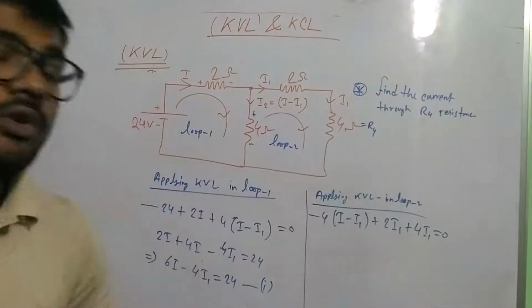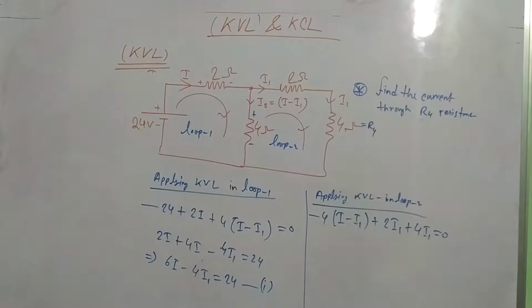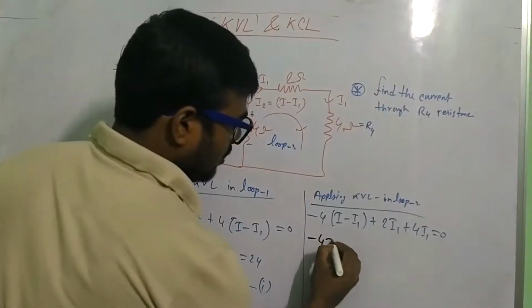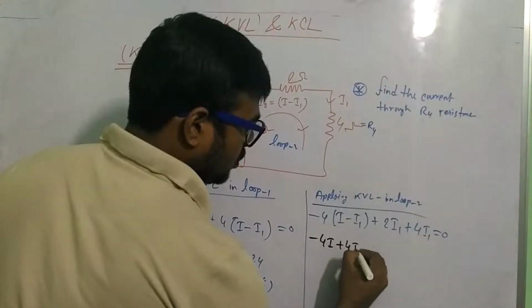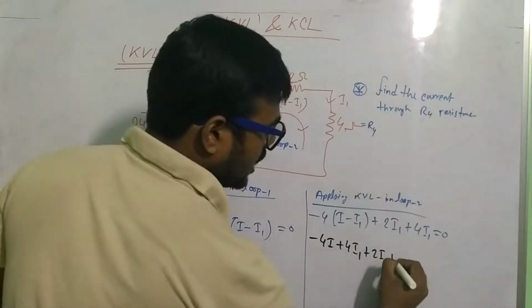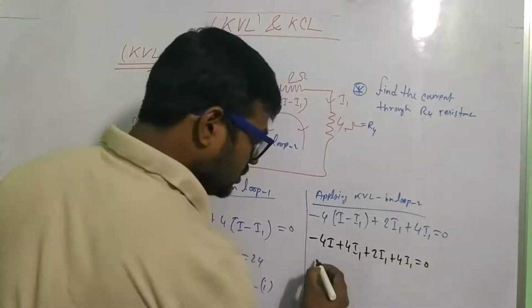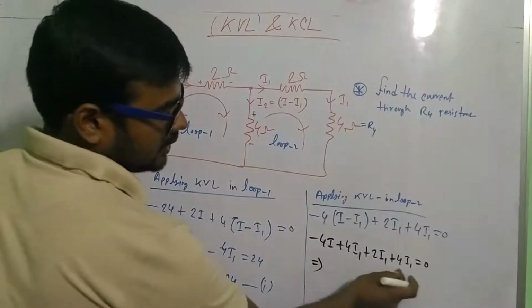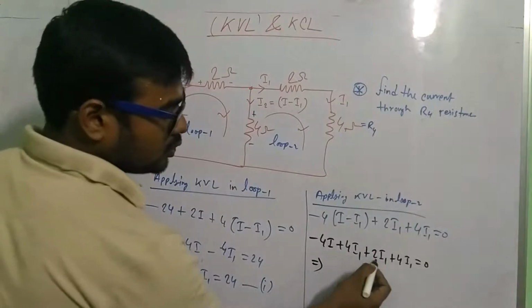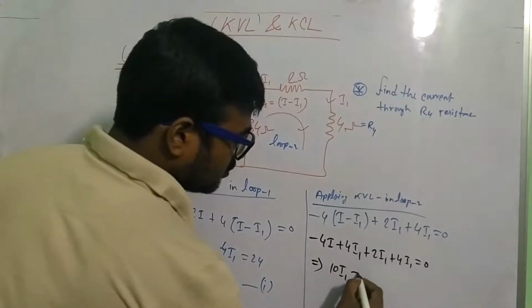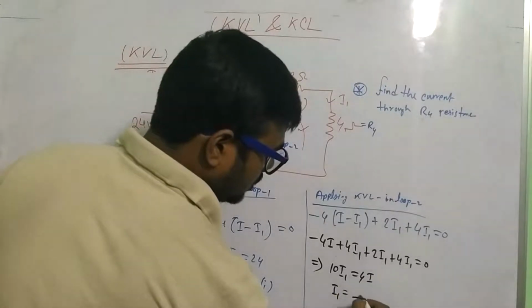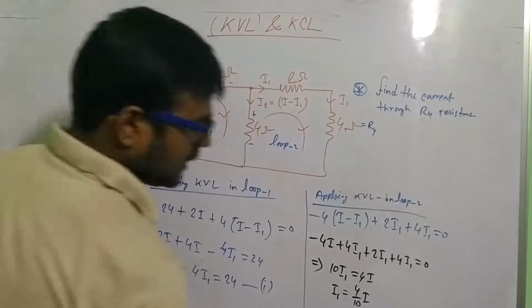The algebraic sum of all voltage drops equals 0. Now minus 4I plus 4 into I1, 2I1, 4 into I1 equals 0. After that I am adding these three: 4 plus 2 plus 4 means 10I1 equals 4I. So I1 equals 4 by 10 into I.